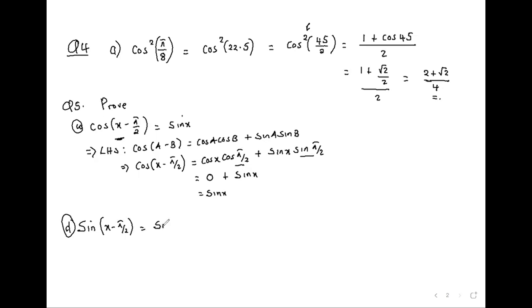That is sin x cos(π/2) minus sin(π/2) cos x. This is 0 and this is 1, so we'll have minus cos x.